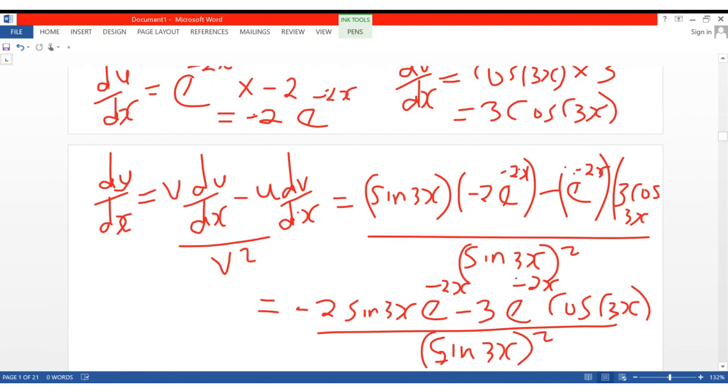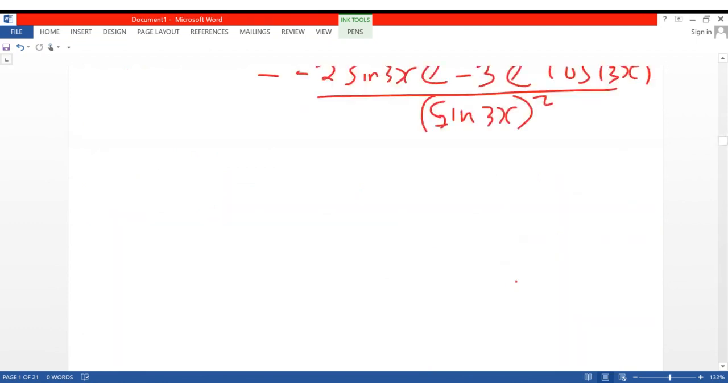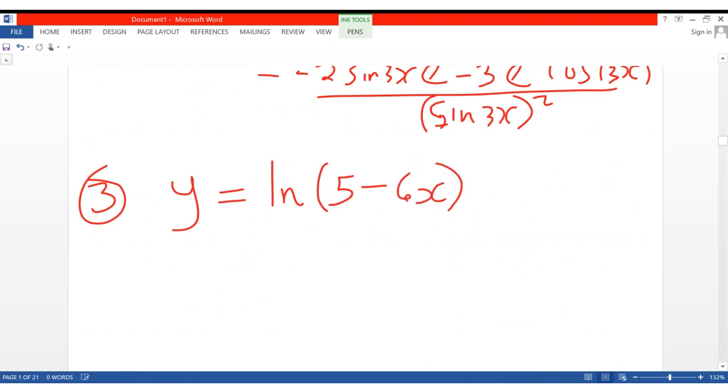I do the final example, number 3. So y is equal to ln(5 minus 6x) all over cos(x squared plus 1).